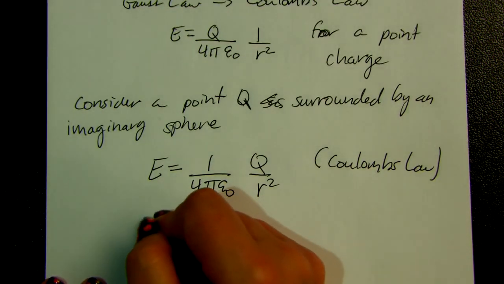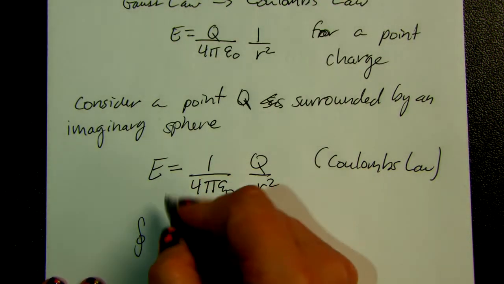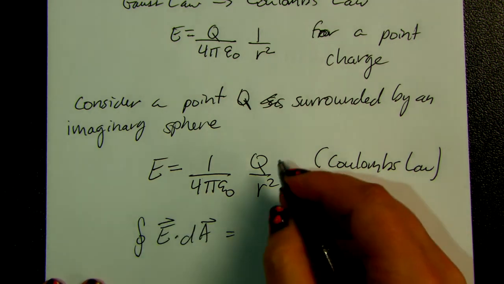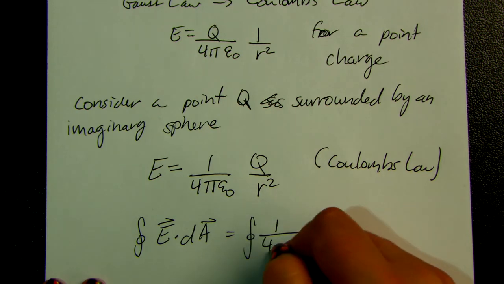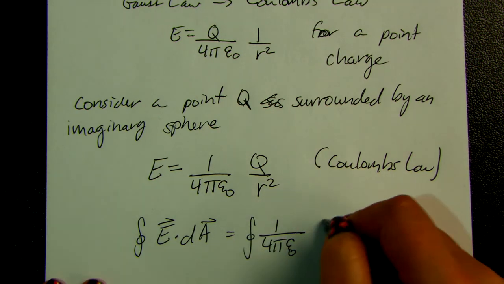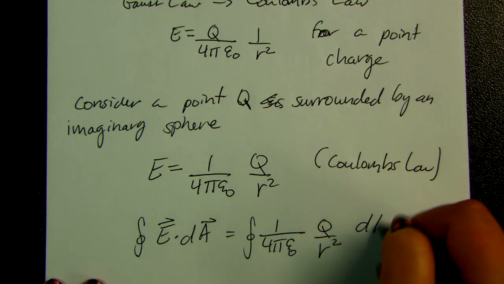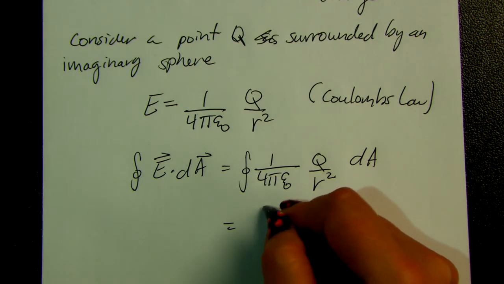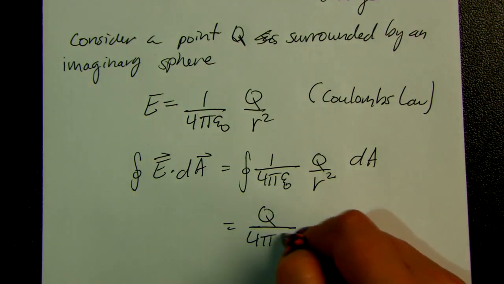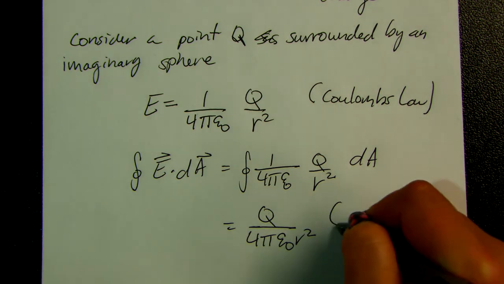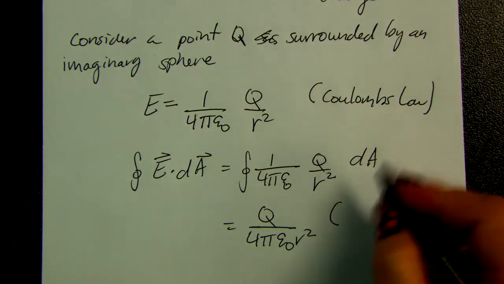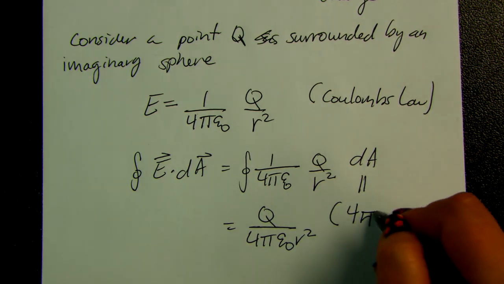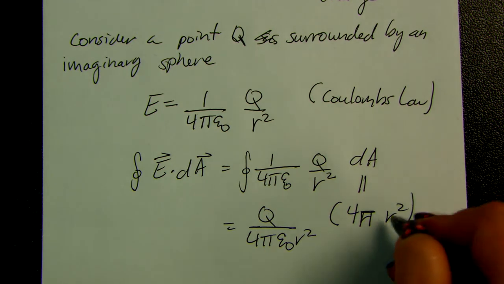Okay, so using Gauss's law, looking at the surface integral of E dot dA is equal to the surface integral of 1 over 4 pi epsilon naught Q over r squared dA, which is Q over 4 pi epsilon naught r squared times, if we integrate dA, once again, we're going to get the surface area of a sphere, that's 4 pi r squared.